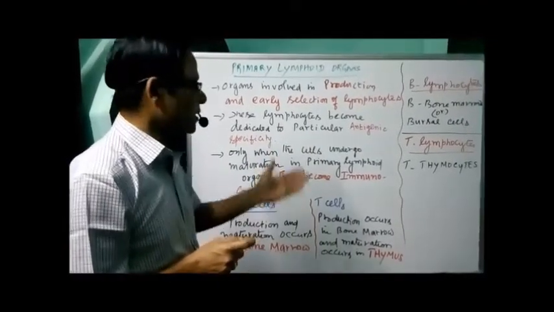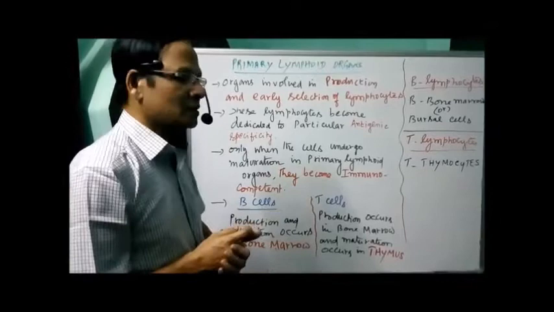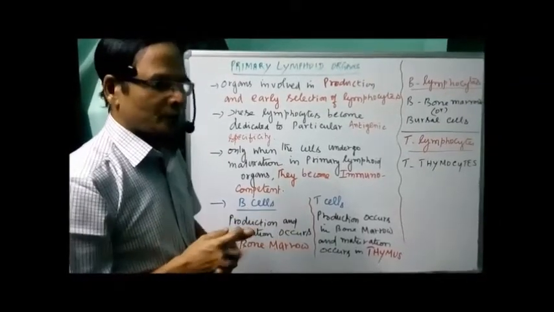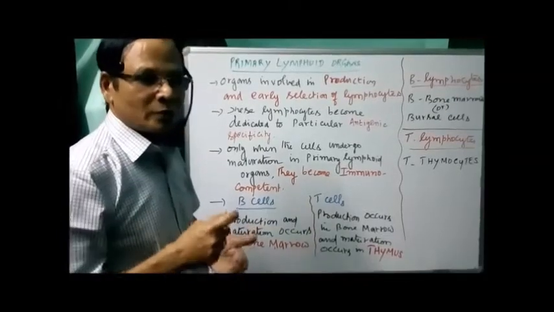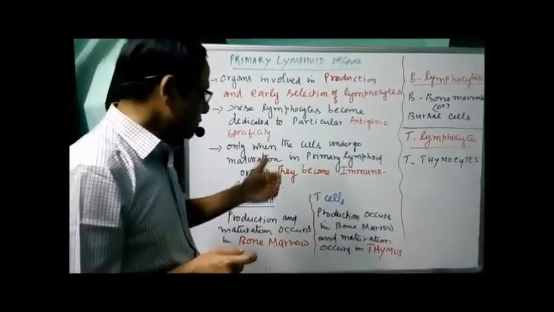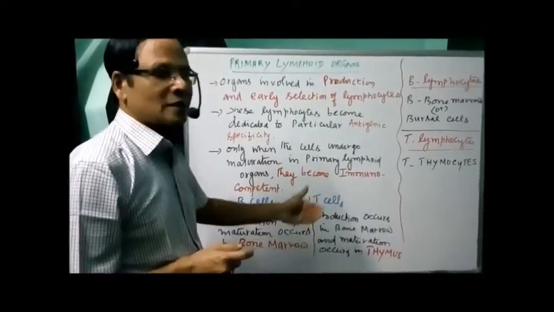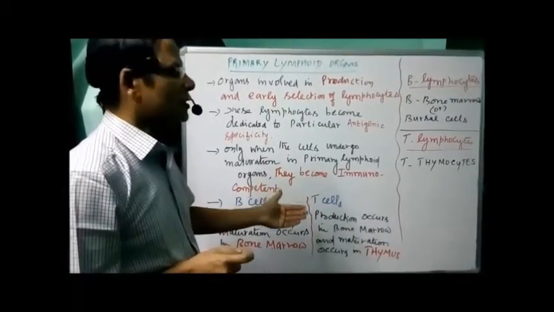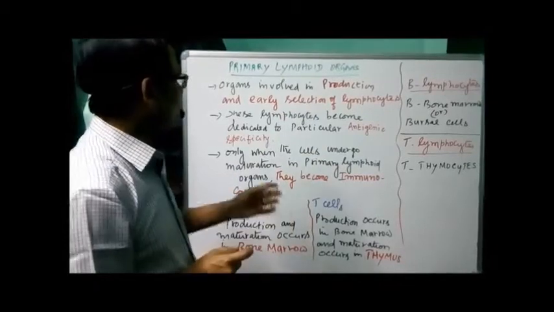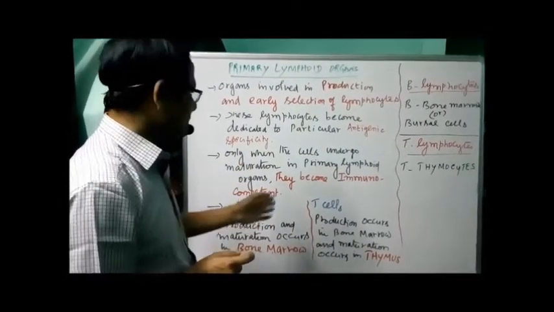Sorry, I made a mistake earlier: to the thymus, not peripheral organs. Hence, production occurs in the bone marrow during the embryonic stage, but maturation of the T cells occurs in the thymus, hence called T cells or thymocytes. That's about the differences between B cells and T cells.